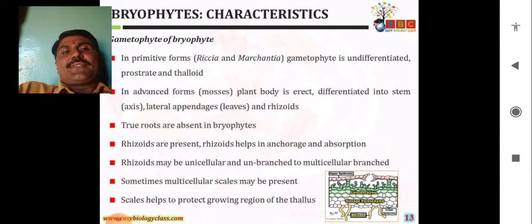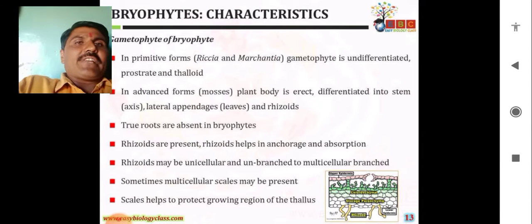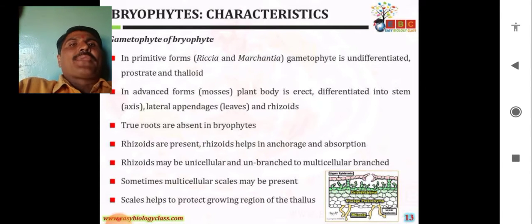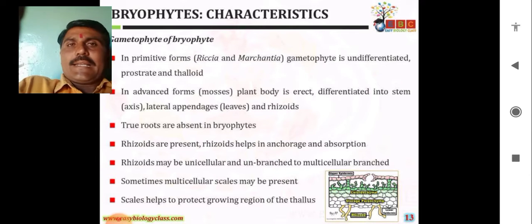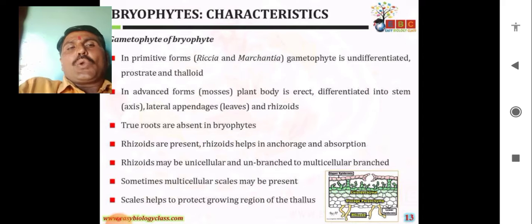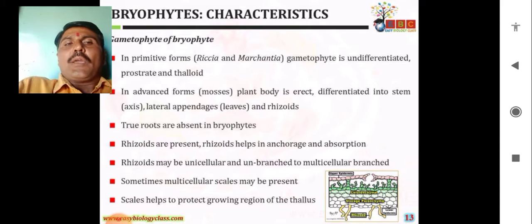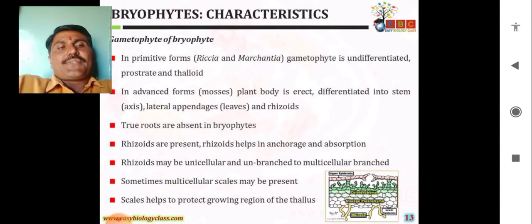Rhizoids are present, which help in absorption and anchoring the plant, giving the mechanical support that holds it in the soil or substratum, whether it is the tree trunk, the land, the mud, the soil, and so on. Rhizoids may be unicellular or multicellular, branched or unbranched. Sometimes scales may be present on the multicellular rhizoids.